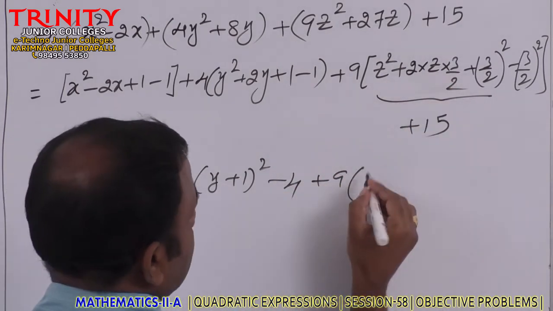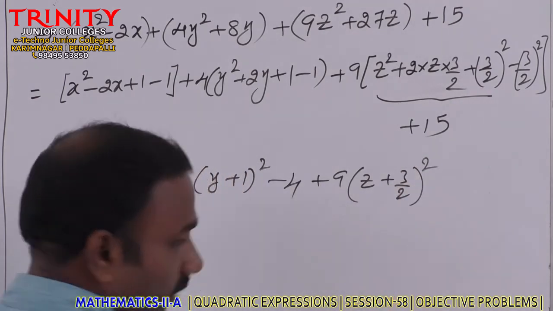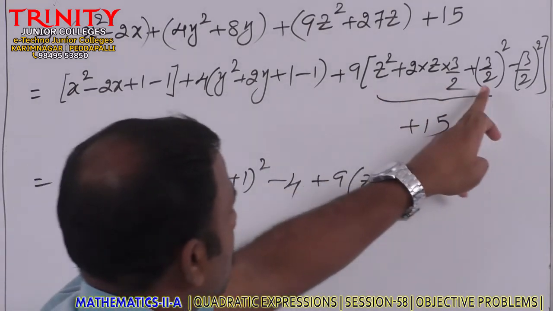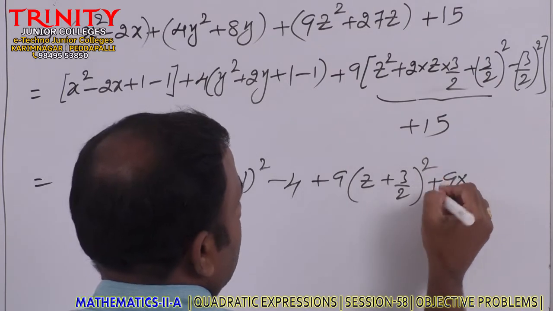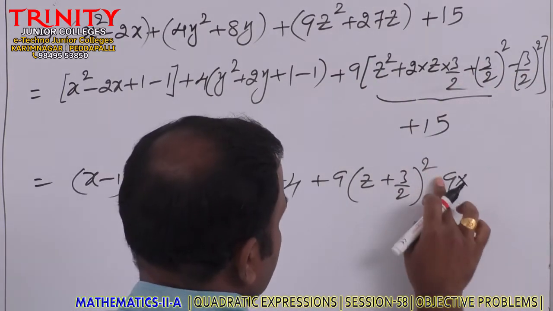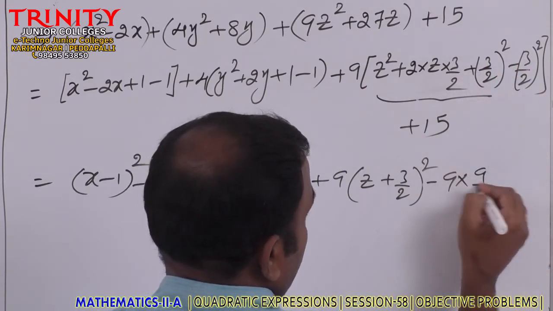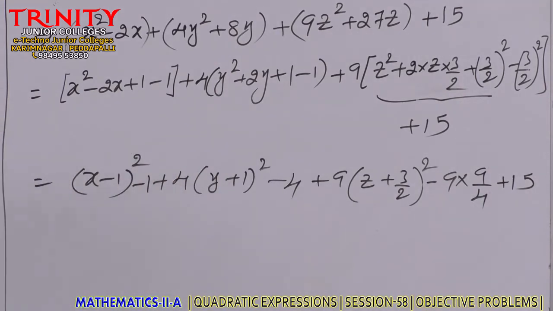Then 9 into (z plus 3 by 2) whole square minus 9 into (3 by 2) whole square, that is 81 by 4, plus 15.